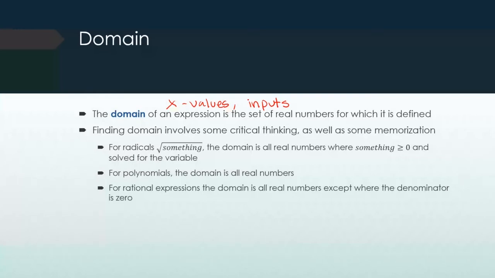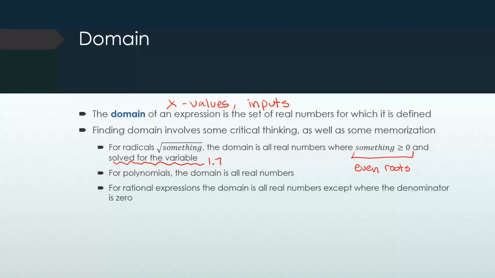This is particular to even roots, because we can't have negatives inside an even root. So whatever's inside there has to be greater than or equal to 0, and we determine where that is and then solve for the variable. Solving for that variable is something we actually cover in 1.7, so you guys have not seen that yet.